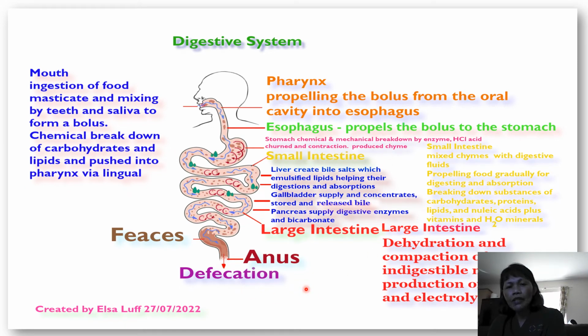I am going to discuss the digestive system. Ingestion occurs when food is ingested in the mouth, through a mechanical and chemical process by masticating and forming a bolus with the aid of teeth and saliva.